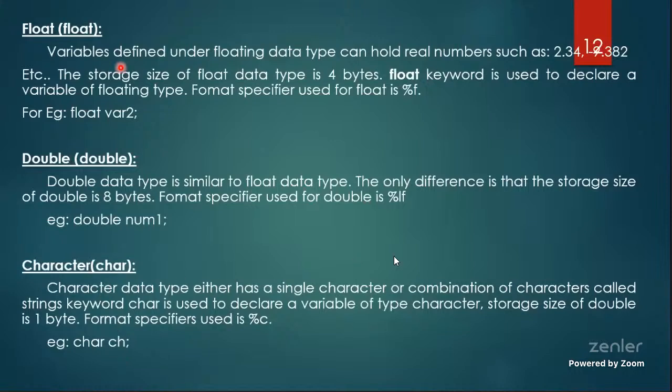So why do we use character? To store the alphabet. Here, alphabet or string. The character data type holds either a single character or a combination of characters called strings.